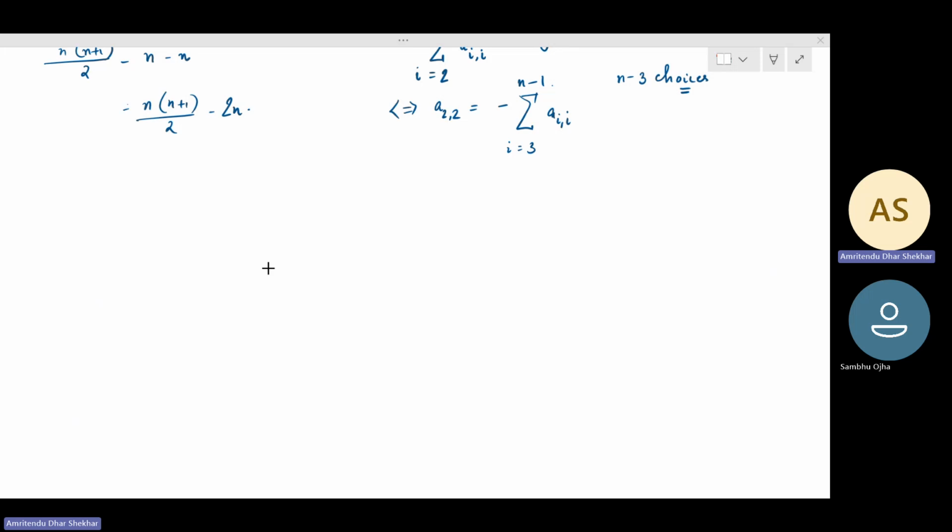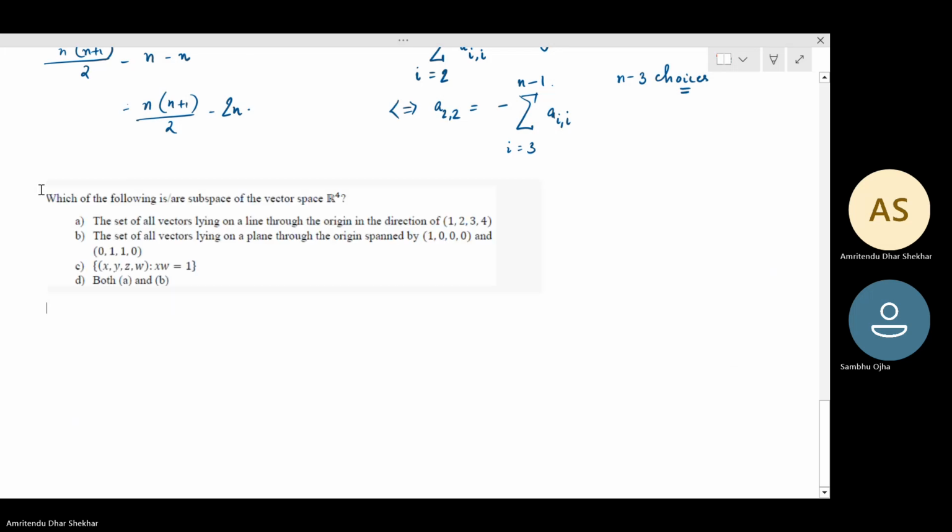Let's look at this problem now. Which of the following is a subspace of vector space R4?